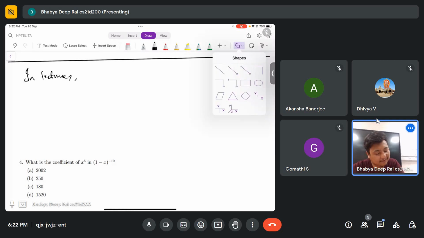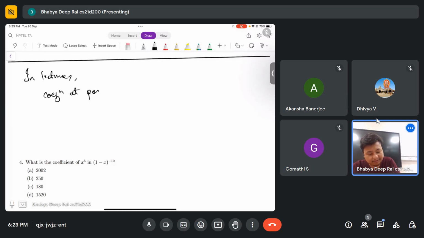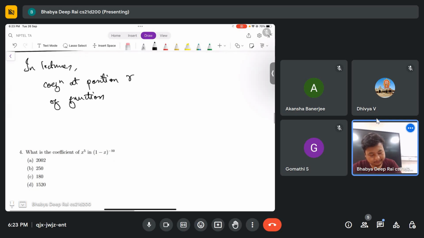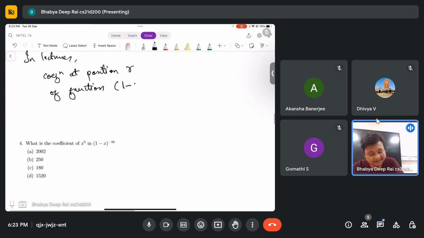In the lectures, we noticed the following, that the coefficient at position r of the function (1 minus x) whole to the power minus n is equal to n plus r minus 1, choose r.